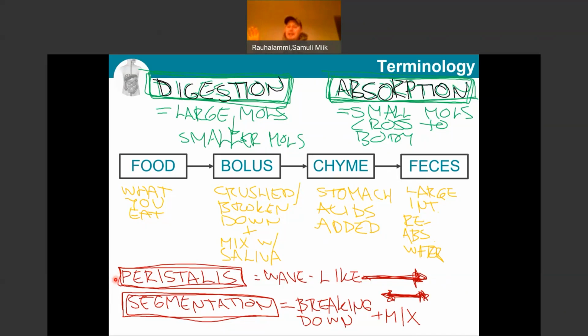In peristalsis, the muscles that surround this tube start contracting in a very synchronized manner, so that when one muscle band has contracted, another one immediately next to it will contract. And this process continues. So in a sense, we're generating a wave-like movement throughout the length of this muscle tube.